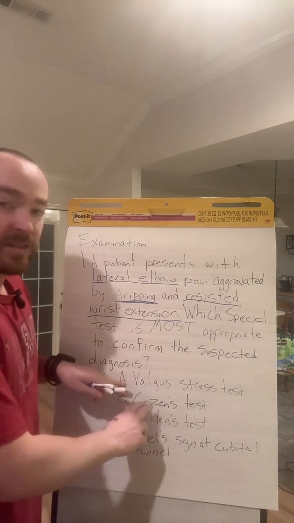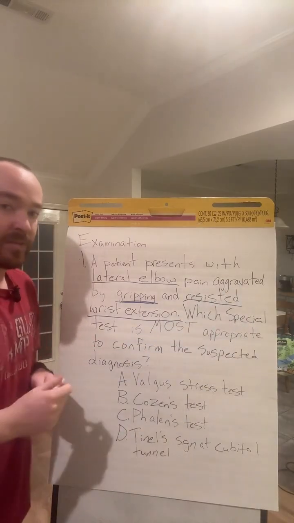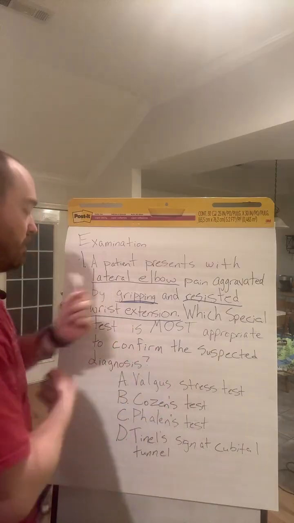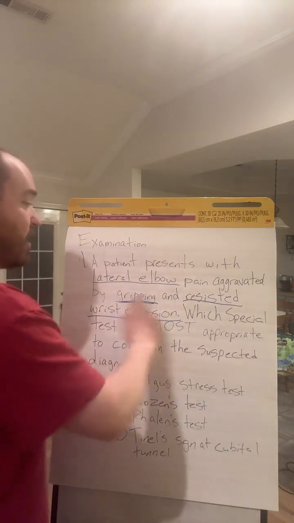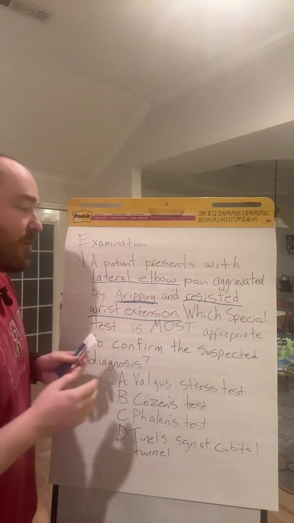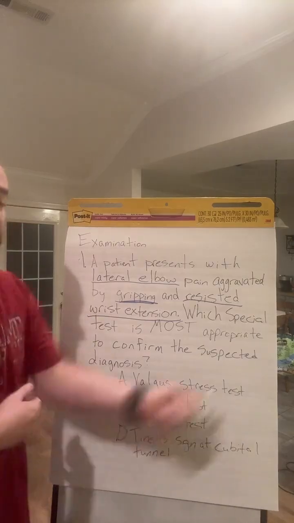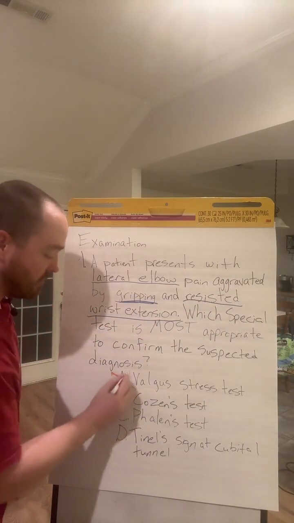Does this reflect a medial collateral ligament sprain? We've got lateral elbow pain, and valgus would be a medial stress test. Gripping and resisted wrist extension, no. I'm not thinking medial collateral ligament at all, because it would be medial elbow pain. So I'm going to say not A.